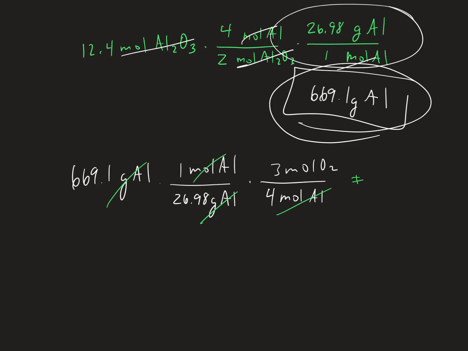And that gives me, I don't have this answer, 669.1 divide 26.98 multiply 3 divide 4 gives me 18.6 moles of oxygen. We okay? Yes? No? Okay.